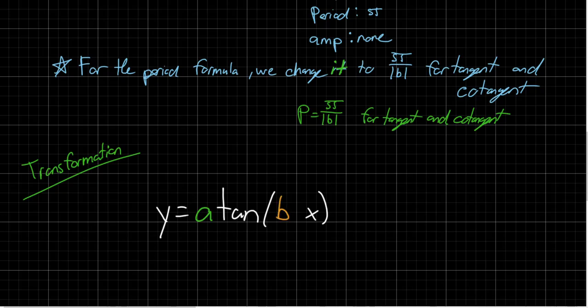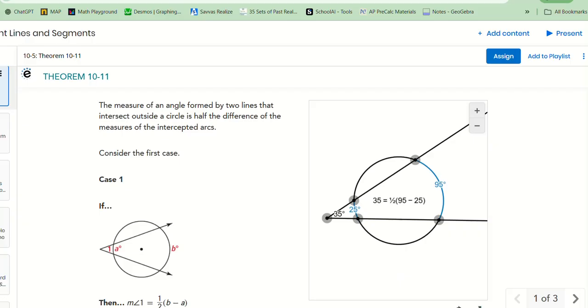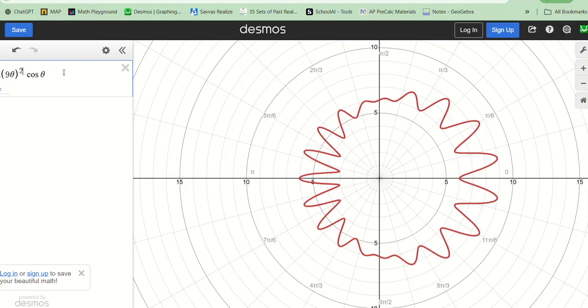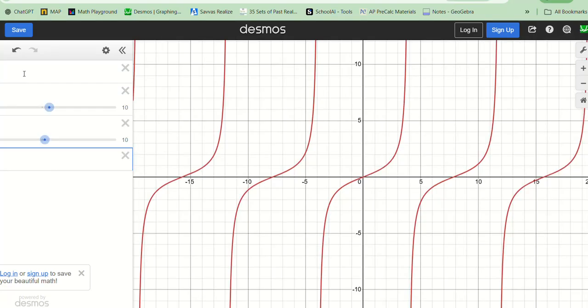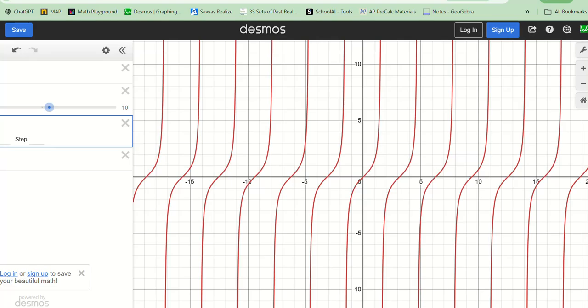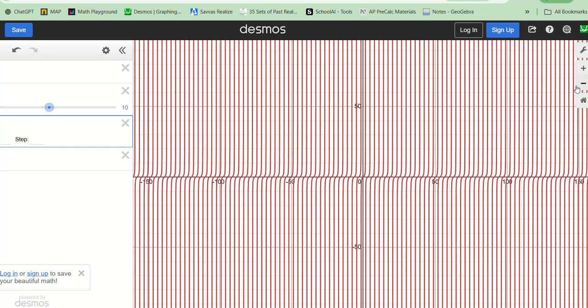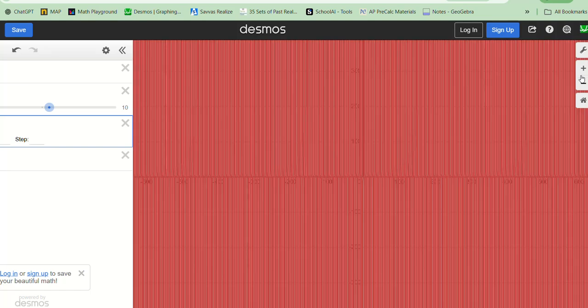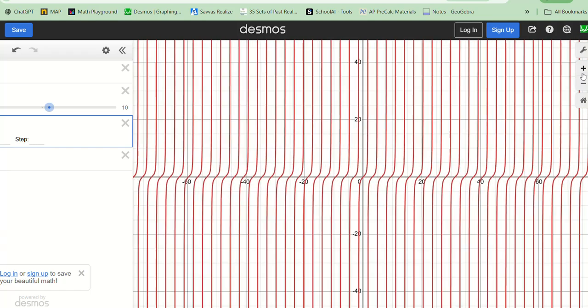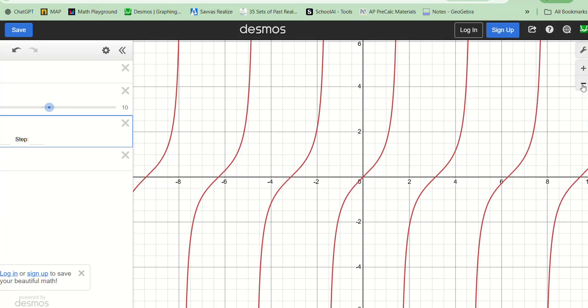Okay, let's look at Desmos for a second. This is regular old tangent right now. It keeps going on forever and ever with our asymptotes.